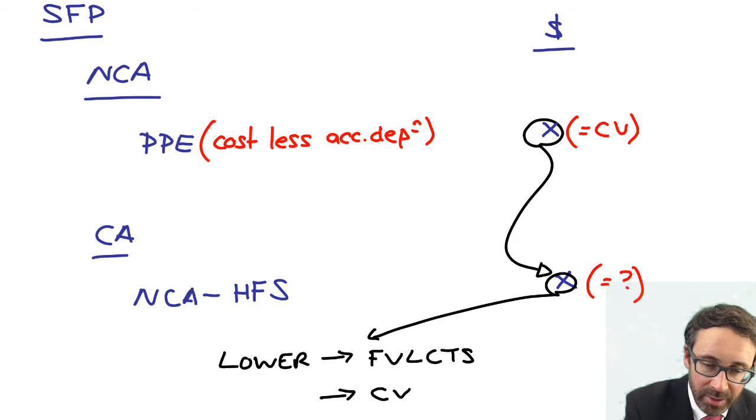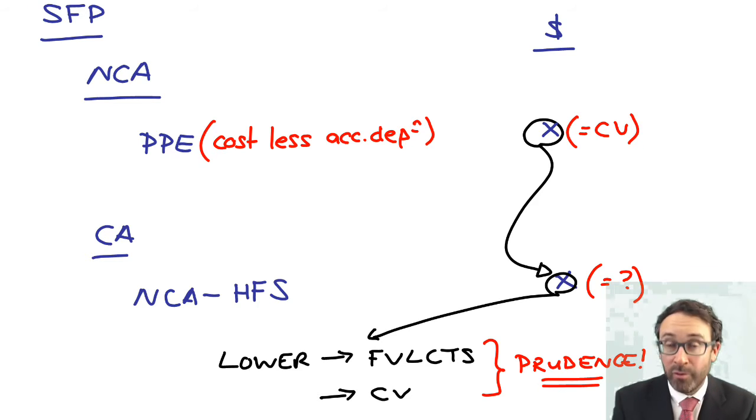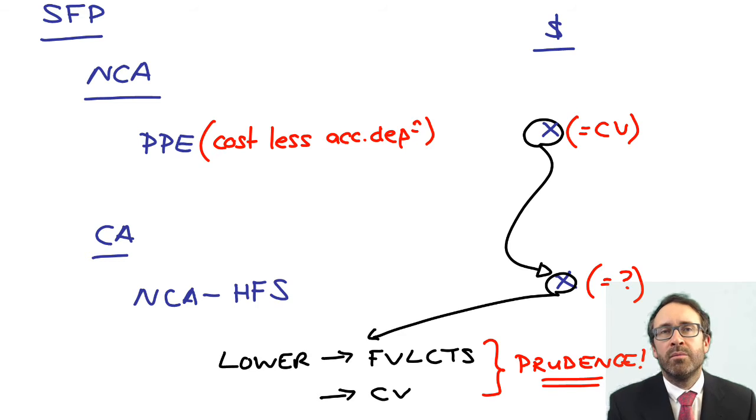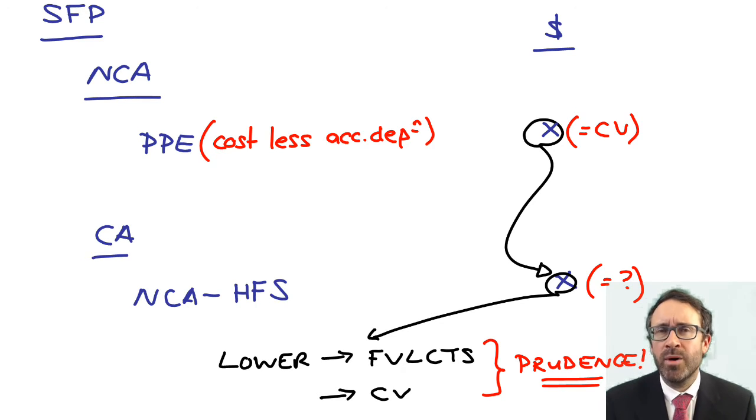or your carrying value. And effectively what it is doing, it is using the accounting principle of prudence, because we're saying there, well, look, if we are going to sell it, i.e. at its fair value less cost to sell, and that is below its carrying value, then effectively we know straight away that we're going to be selling it at a reduced value and therefore a loss.